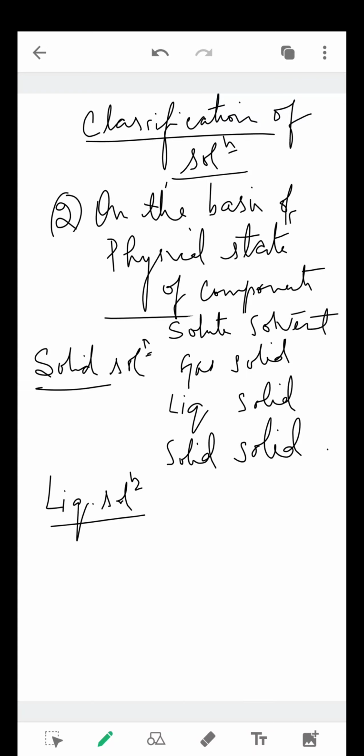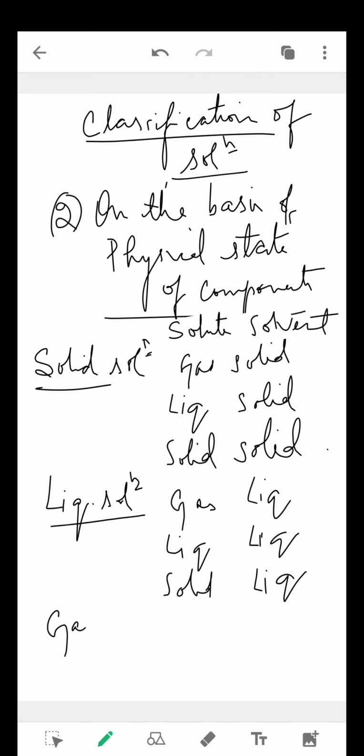In liquid solutions also the solute can again either be a gas, liquid or solid, but the solvent will be liquid. Then again in gaseous solutions, the solute can either be a gas, liquid or solid, but the solvent will be gas.